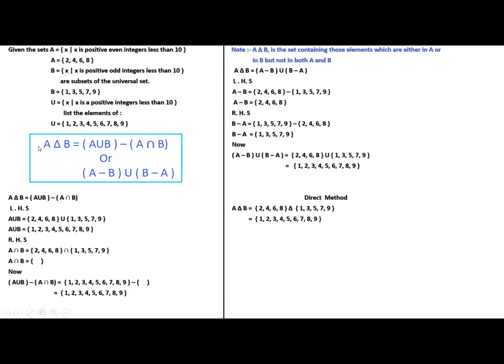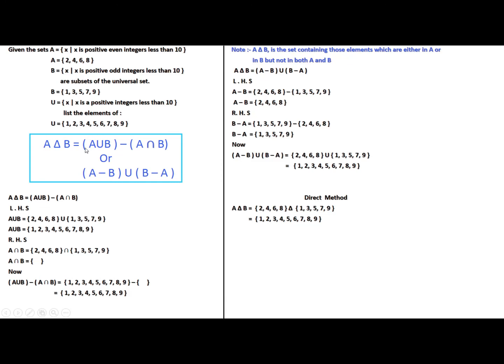Now students, we are going to find out how to find the symmetric difference of A and B. So there are 3 methods. First, you can solve bracket A union B, bracket close, difference, bracket open, A intersection B, bracket close. Or you can solve bracket A difference B, bracket close, union, bracket open, B difference A, bracket close.